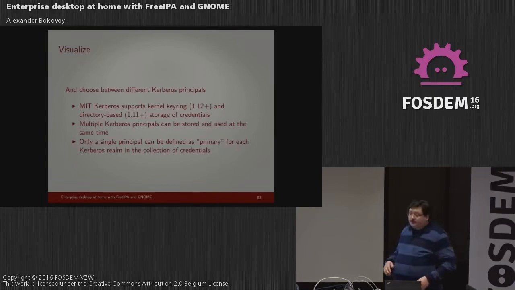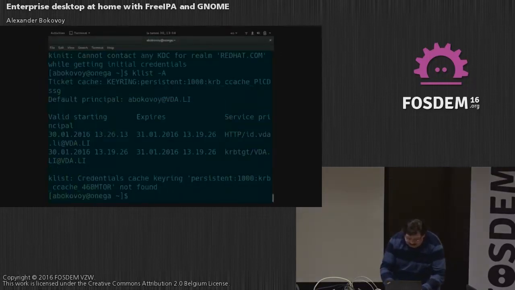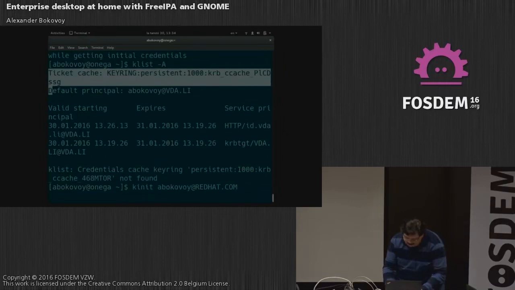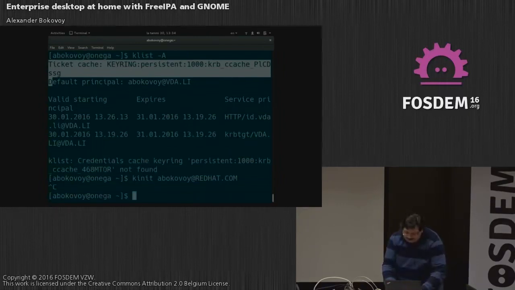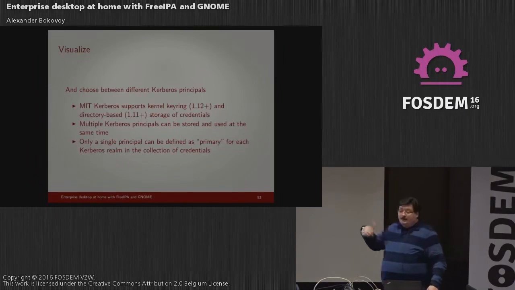We could choose, if there would be software for choosing different Kerberos principals. There is support for multiple principals at the same time. And actually, if I open the command line, I can see that I have a ticket cache here, and somehow I cannot reach my server, but that will prevent me from showing one part of the daemon. But anyway, if we have multiple identities, we could select which one is primary.